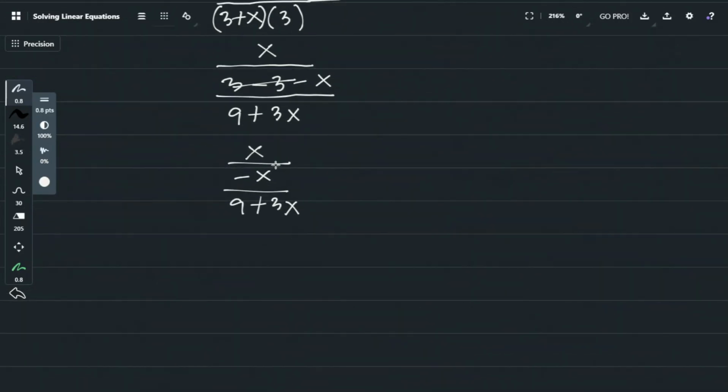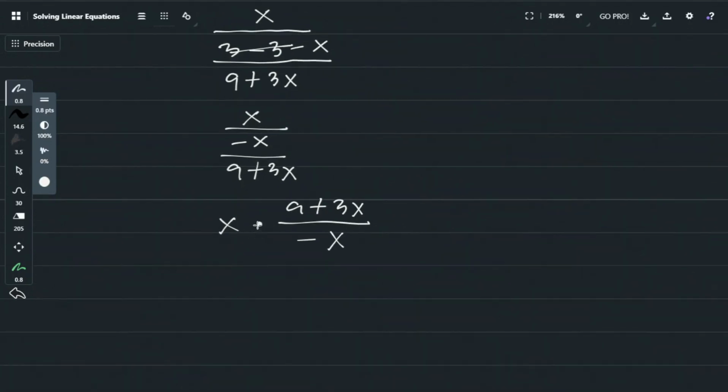So we're just going to get the reciprocal. So x multiplied by the reciprocal of the denominator, we have 9 plus 3x, then negative. So now we can cancel x and negative x.